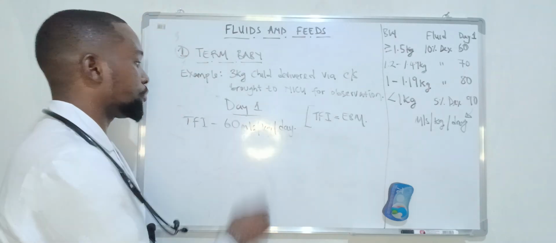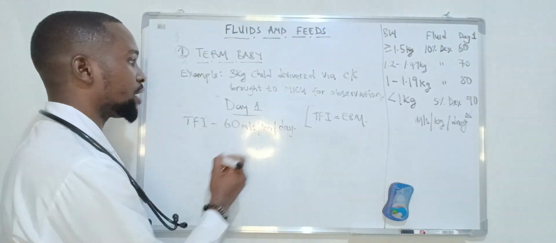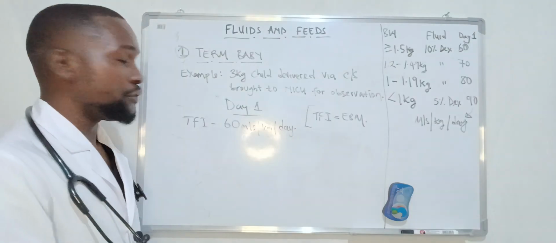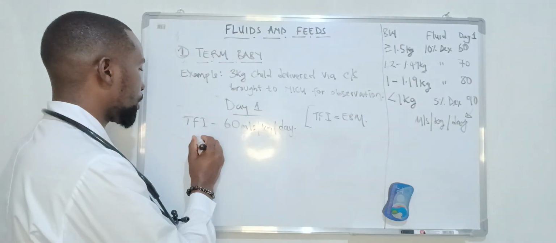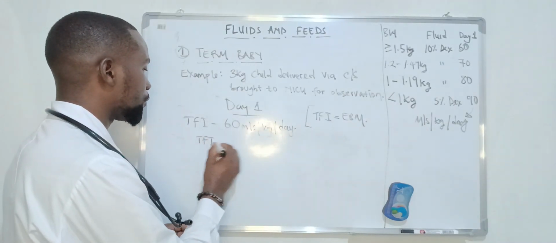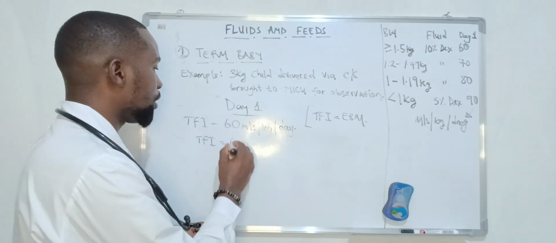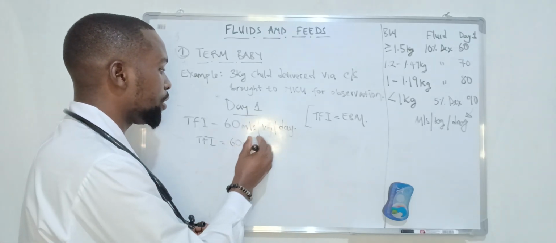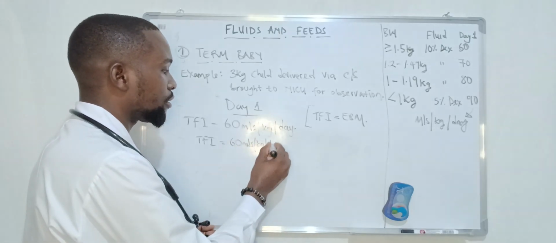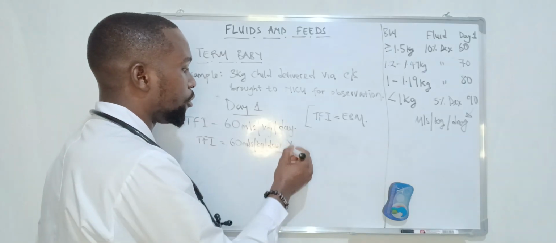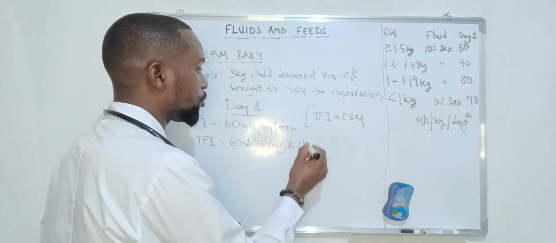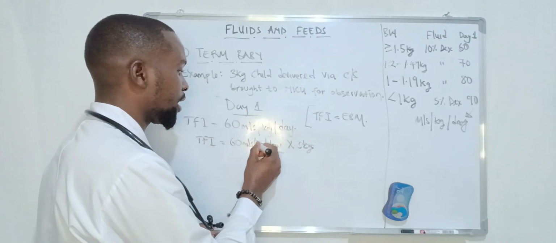So remember that the child is 3 kg, which means that the feeds we are going to give are going to be, so our TFI, which is the same as the EBM, is going to be 60 ml per kg per day multiplied by 3 kgs, because the child is 3 kgs. The kg and the kg will cancel.